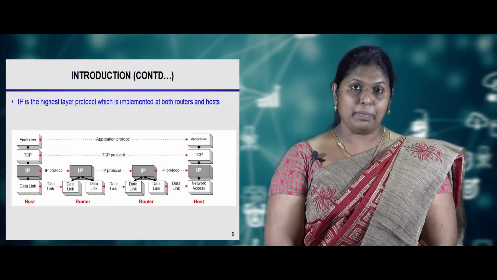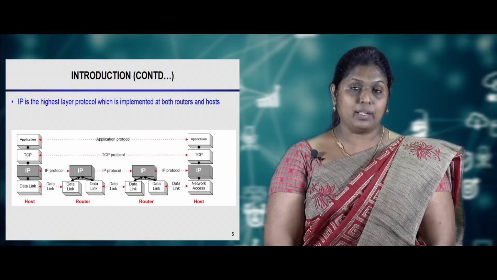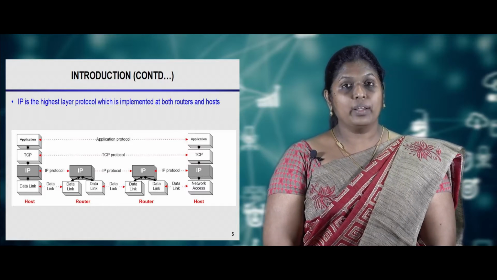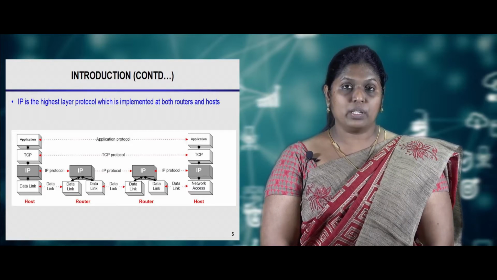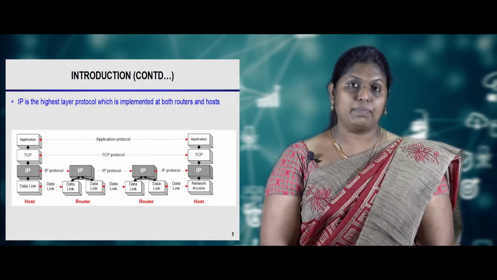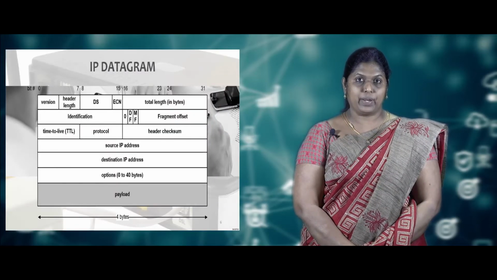This scheme is called the best effort delivery scheme, wherein packet delivery is not guaranteed: the source initiates the packet and the destination may or may not receive the data packet. And now we'll look into the concepts of the IP datagram.